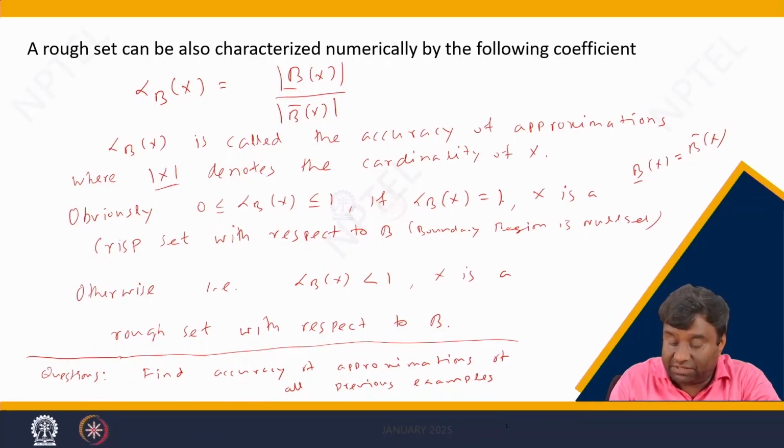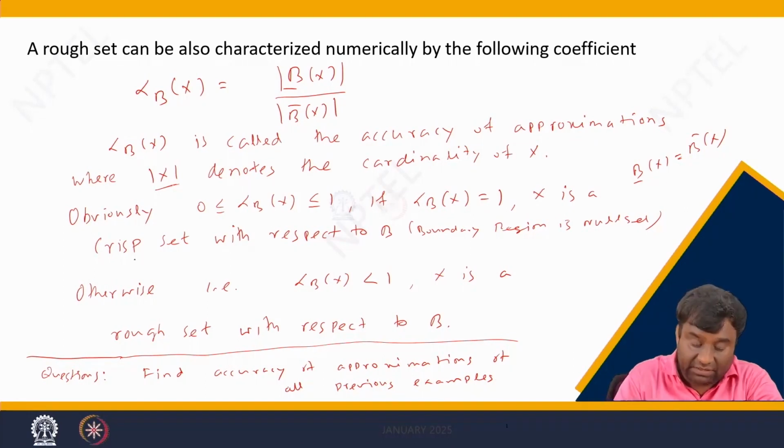If alpha_B(X) equals 1, then these two will be the same, so there is no boundary, so X becomes a crisp set with respect to B, since the boundary region is a null set. Otherwise, if alpha_B(X) is less than 1, so between 0 and 1, then X is a rough set with respect to B.